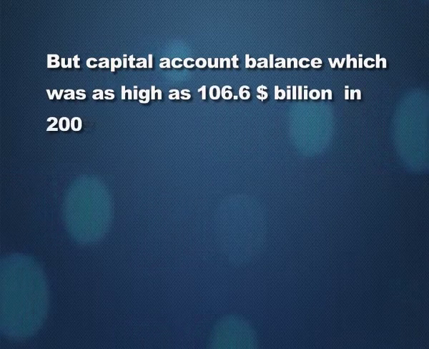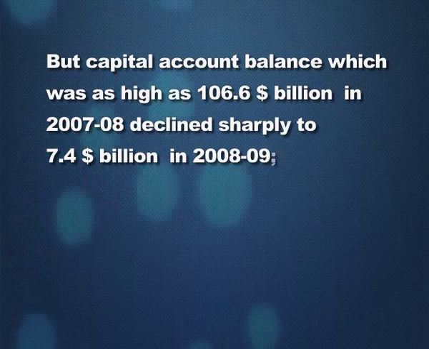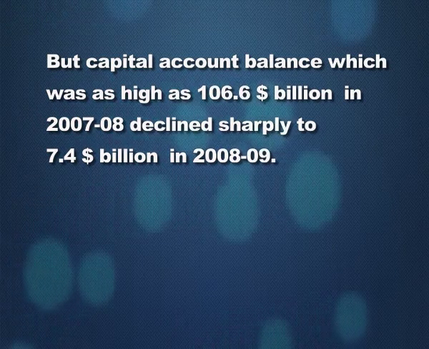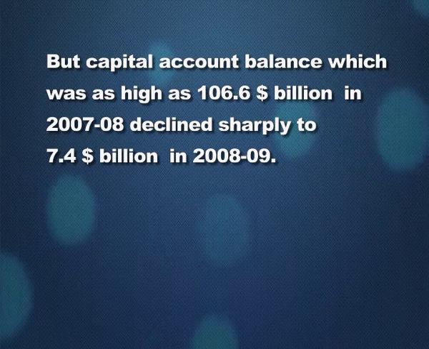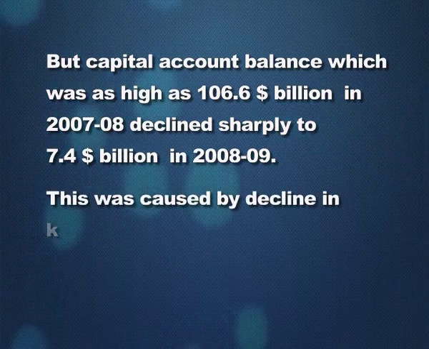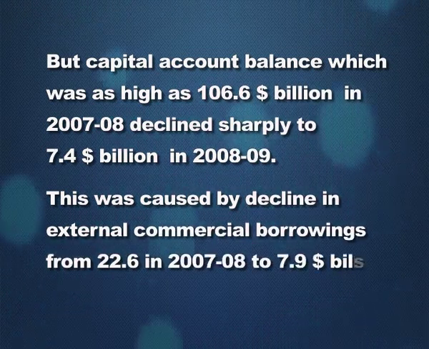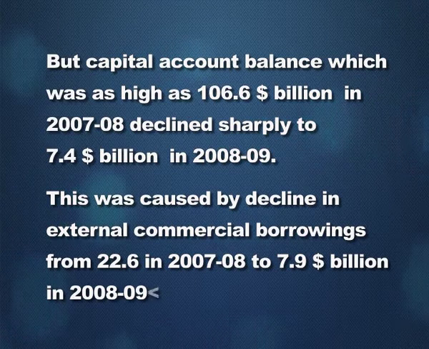Deficit on current account continued to be financed by large capital inflows, but capital account balance, which was as high as $106.6 billion in 2007-8, declined sharply to $7.4 billion in 2008-9. This was caused by decline in external commercial borrowings from $22.6 billion in 2007-8 to $7.9 billion in 2008-9.